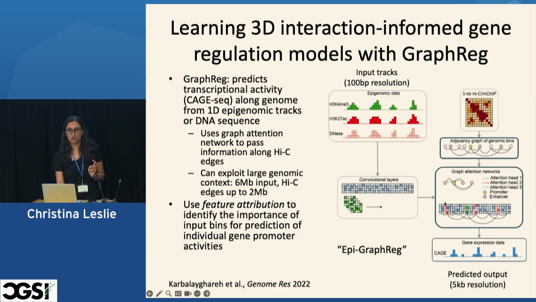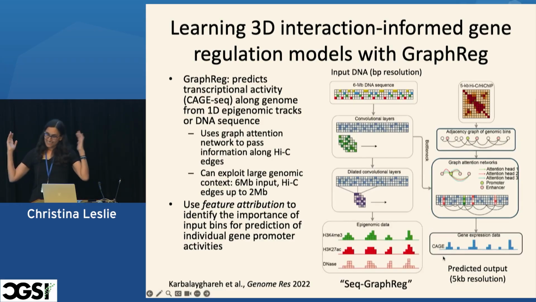We pass that to a graph attention network so that we can pass information over these interactions between promoters and enhancers, and then we predict along the genome at 5 kb resolution over the middle 2 kb. So we predict this CAGE track. Okay, so that's version 1.